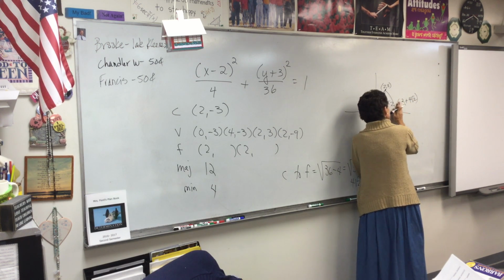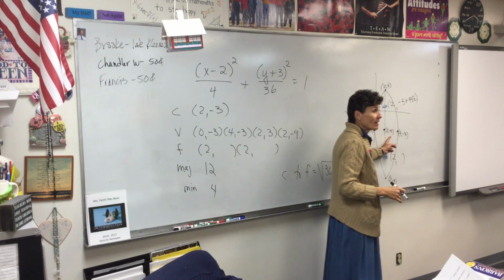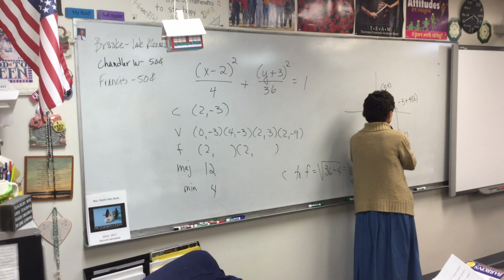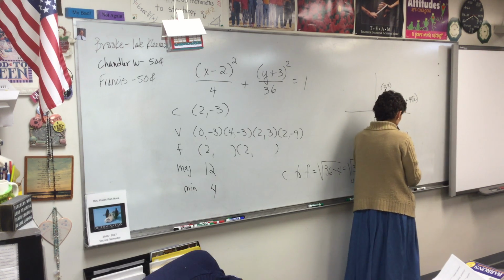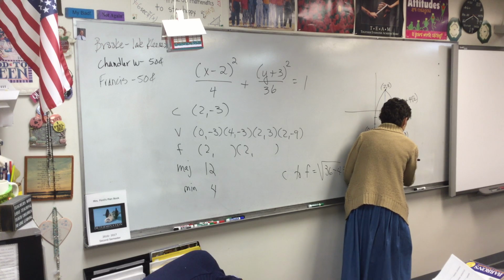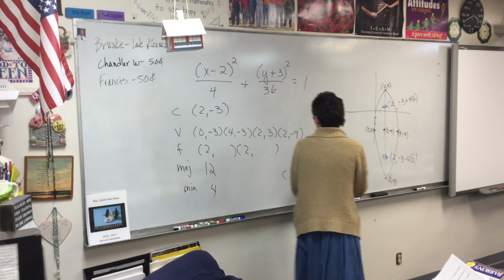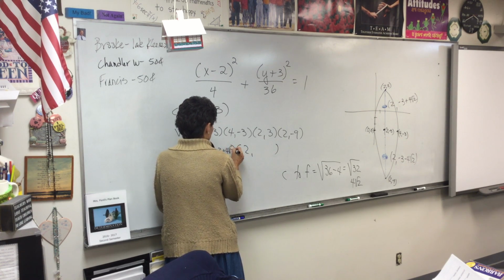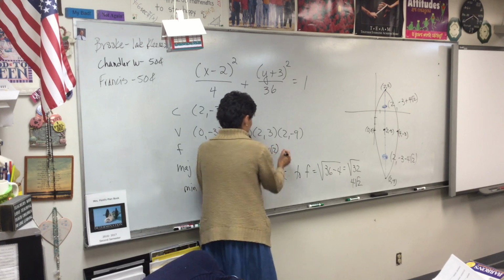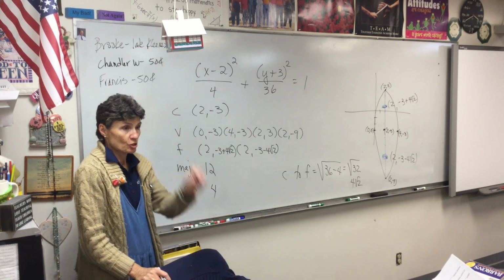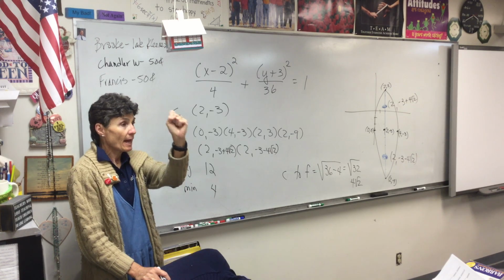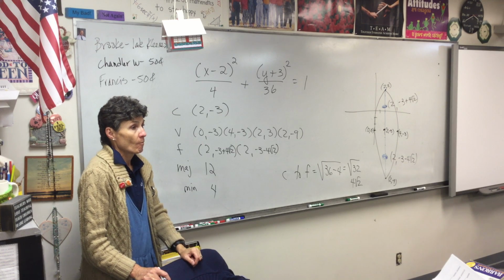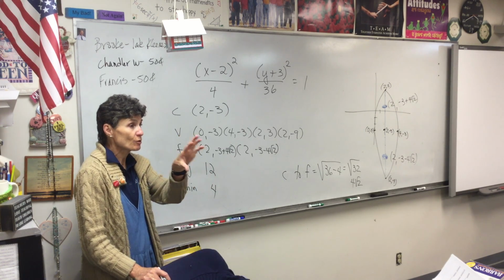Now that is a yucky looking number, and I'm sorry about that, but it's just what it is. So I start at my center point, and I add 4 root 2, and then I start at my center point and subtract 4 root 2. And that is what they look like. Start at your center point and add and subtract that distance right there. Okay. Your center is where you're beginning.